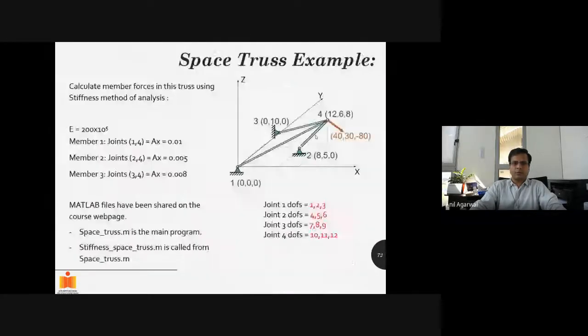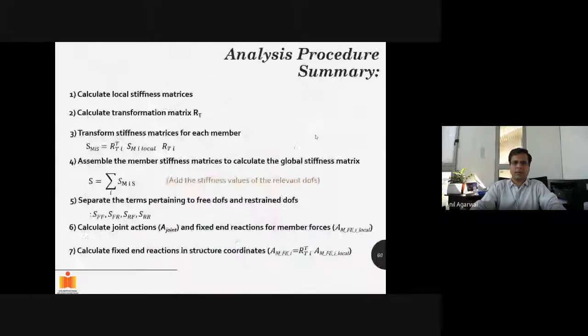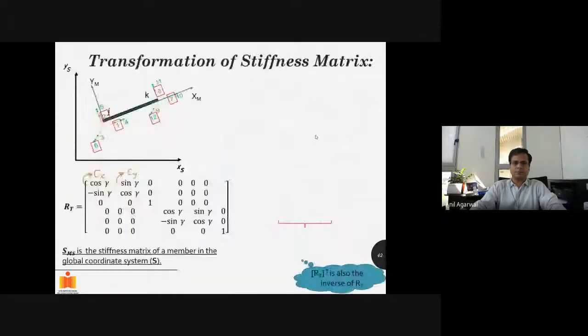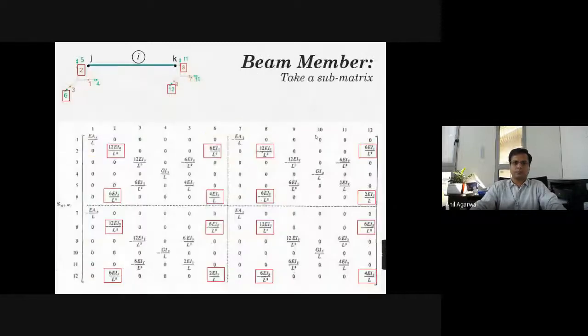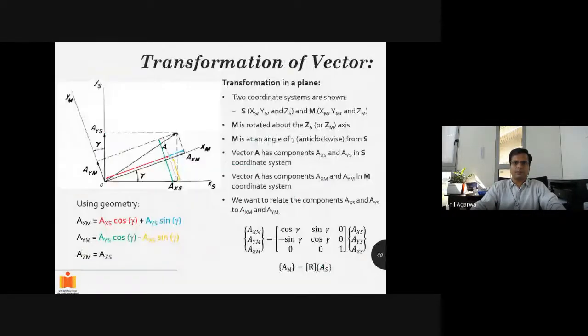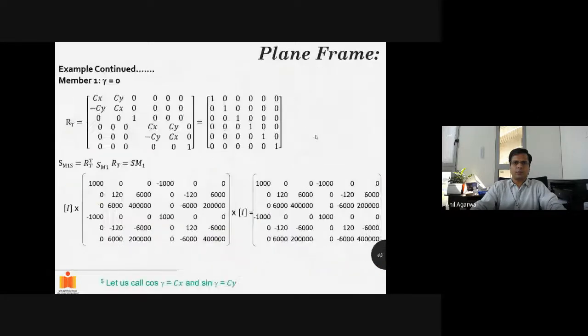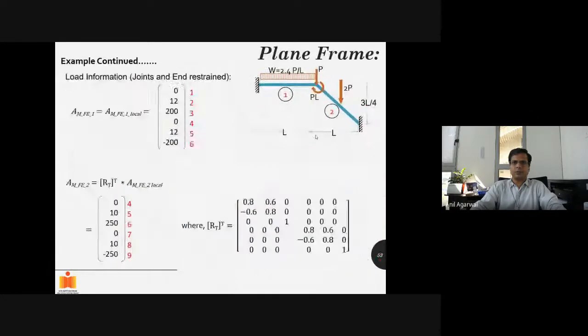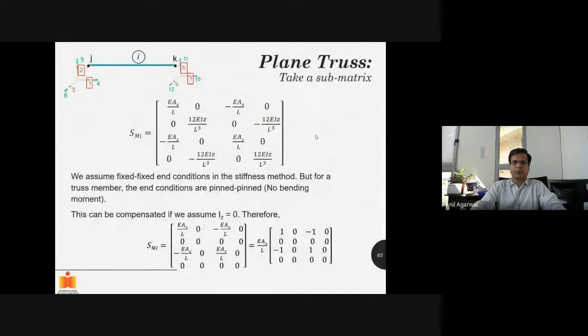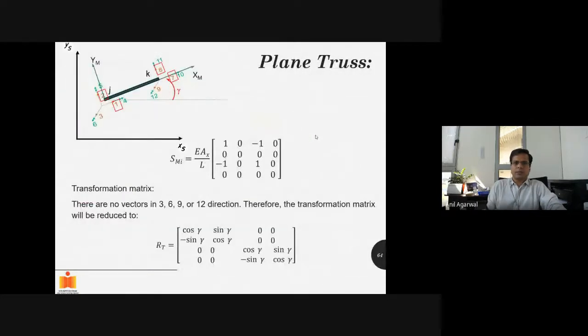Let me go to plane truss. So the stiffness matrix was this one: 1 0 minus 1 0, 0 0 0 0, minus 1 0 1 0.